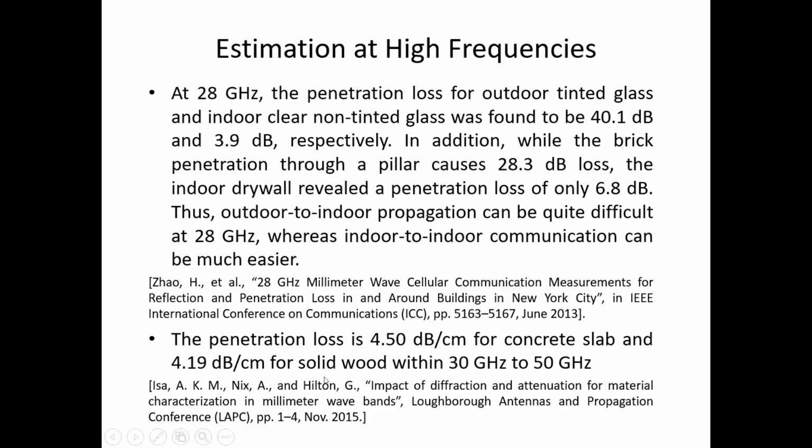Now, the second paper here shows that interestingly, for these high frequencies, the loss in the concrete and the wood is almost the same. Of course, concrete offers much higher losses at low frequencies, but in this case, for the wood, we have this type of data.